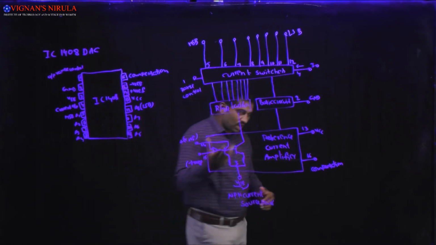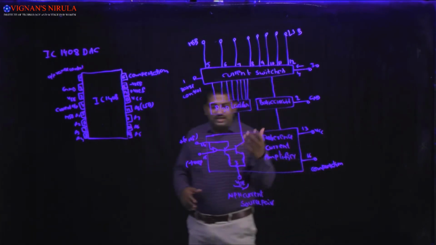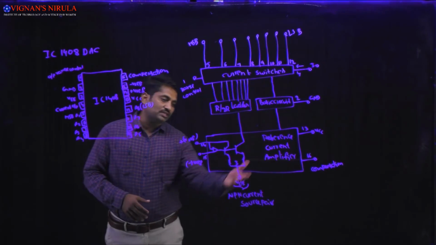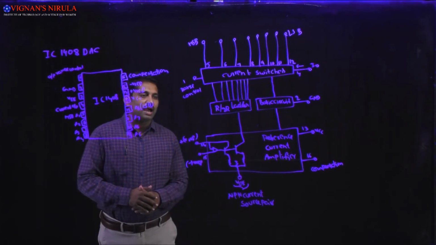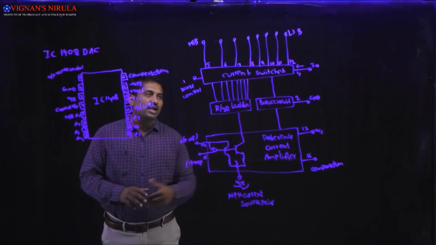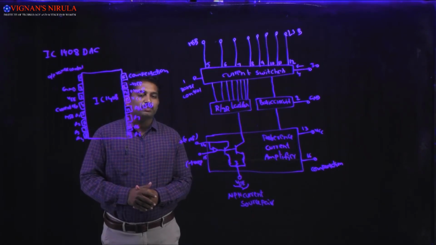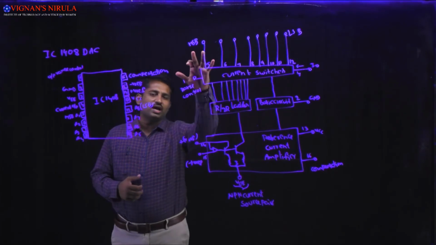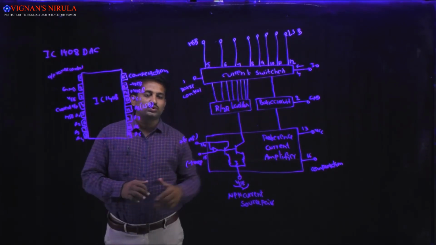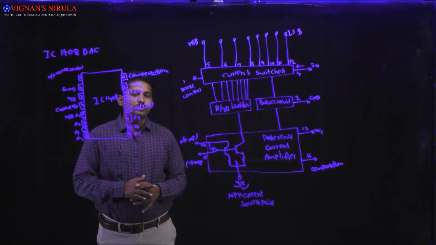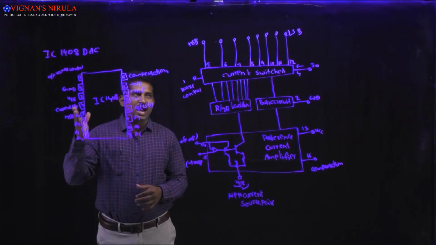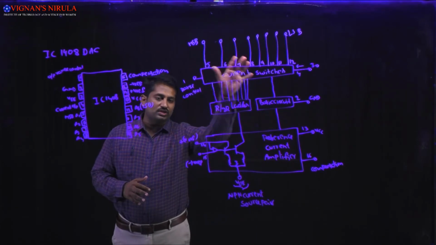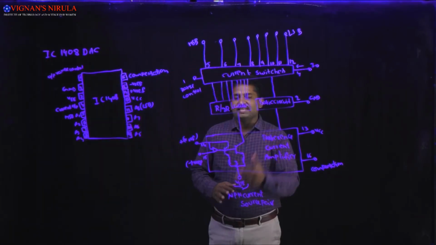Now coming to the block diagram of IC1408. IC1408 consists of a reference current amplifier, an R/2R ladder and 8 high speed current switches, and the switches are controlled by using the binary input data which we apply at the 8 input terminals of the IC.